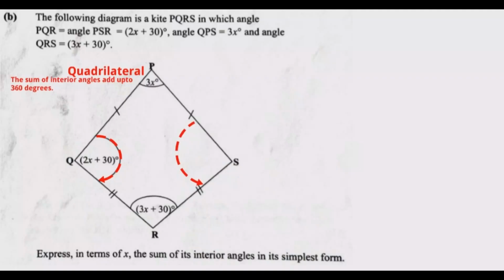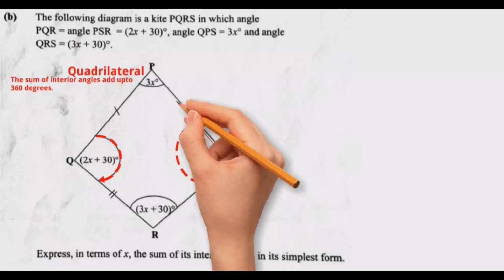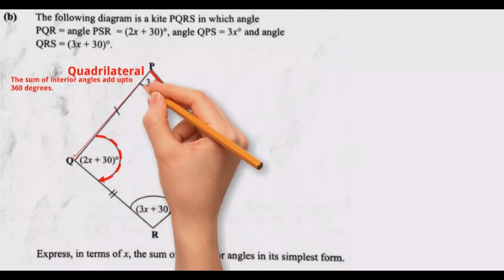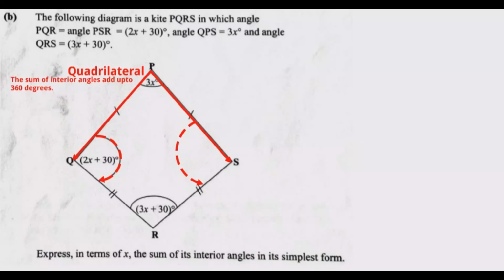Because you can see that the length of the line PS and the length of the line SR, their corresponding sides are equal. So when you look at the length PS and the side PQ, the lengths are equal. Then when you look at the length of QR and the length of RS, they are also equal.